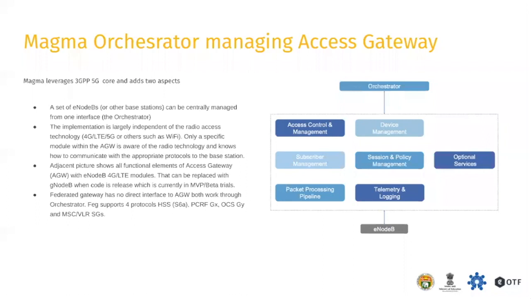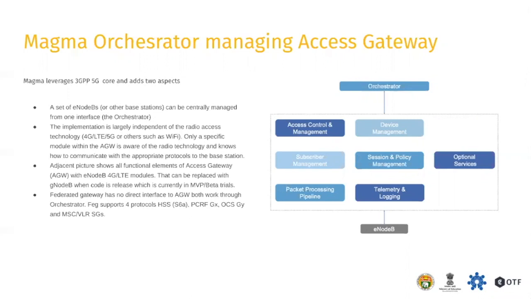Here what we see is an eNode B, which is nothing but the radio for 4G LTE, and the orchestrator is connecting to the functionality you can see in this box, which is nothing but the access gateway.